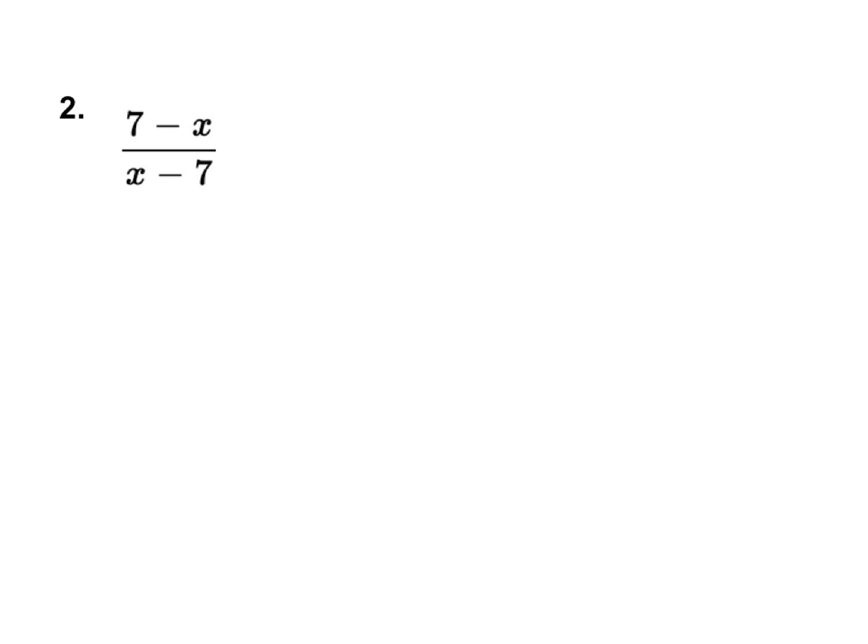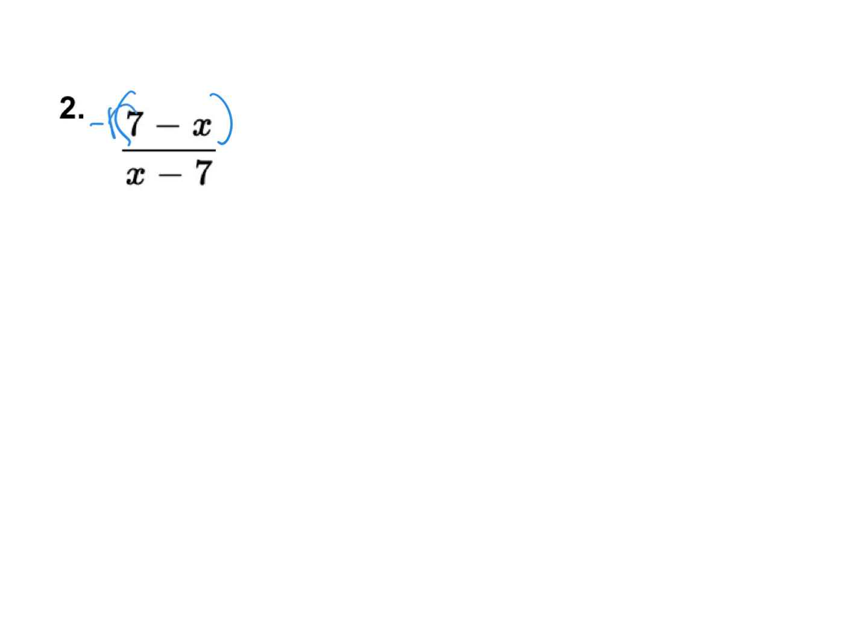All right, question number 2, we have 7 minus x and then x minus 7. And so taking a look at this, they're very similar. However, I've got this positive 7 on the top, a negative 7 on the bottom, where I've got a negative x on the top and a positive x on the bottom. So what I'm going to do is rearrange these by multiplying by a negative 1.